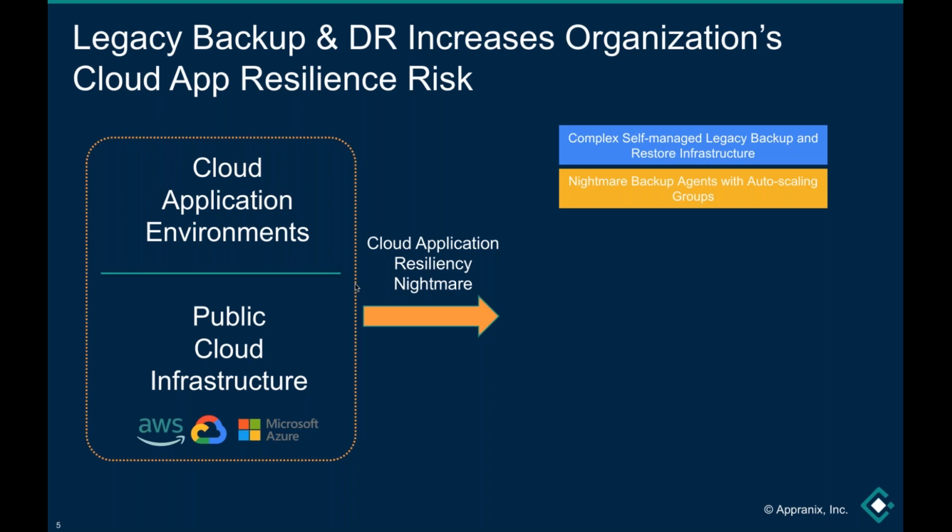You are, as a customer, managing that infrastructure. Why? Second, when you put those backup agents across all your infrastructure, now when you turn on auto scaling, which is the concept that I try to explain in terms of cloud enabling your existing applications when you move to the cloud, the first thing you do is you make use of the application load balancer or network load balancer so that you can scale your application environment at different levels.